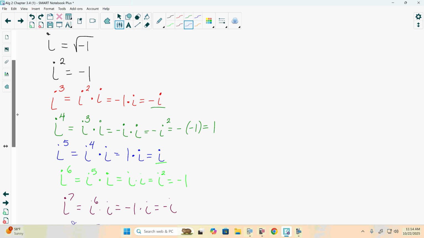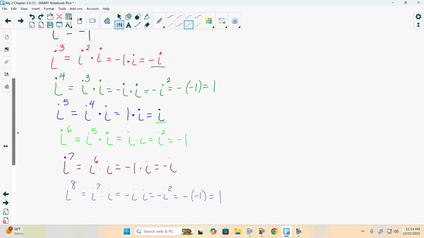We go i, negative 1, negative i, 1. i, negative 1, negative i, 1. And really we can just move the top one over a little bit, because that's just square root of negative 1. So we said i to the fifth is i, i to the sixth, i to the seventh, i to the eighth. And it's just repeating this here.